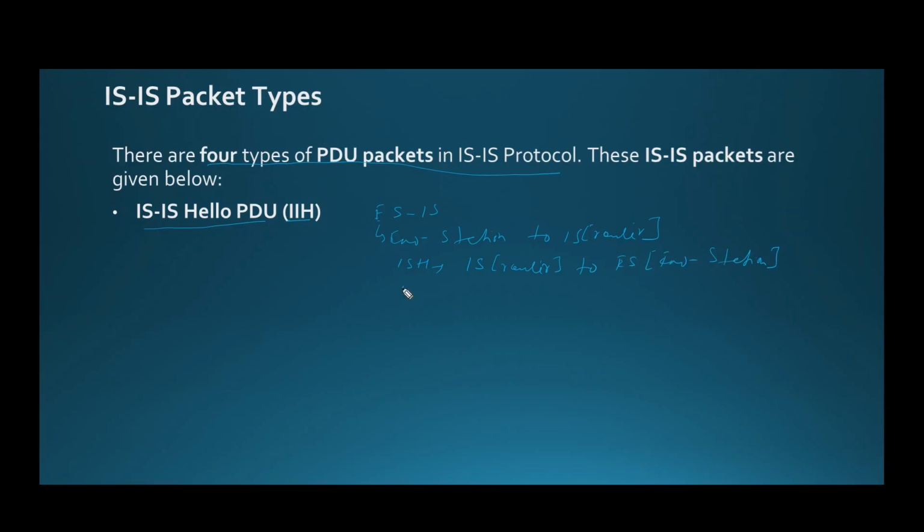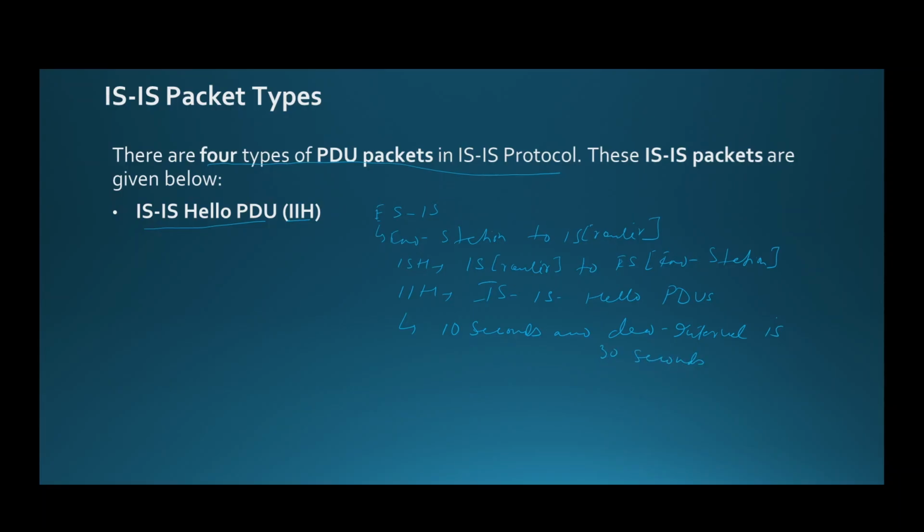And the third type being the IIH, or IS to IS hello PDUs. So these are the hello messages sent between 2 routers running ISIS, and the hello interval of these messages is 10 seconds, and the dead interval is 30 seconds.